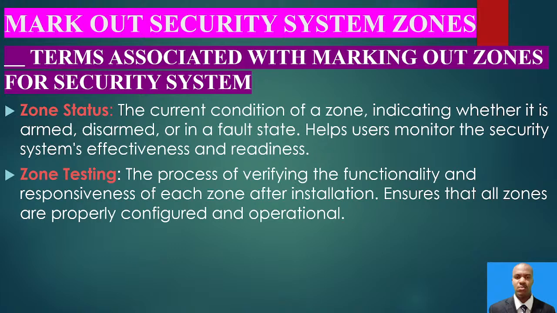So zone testing simply refers to that process before commissioning your security works to the client. First, you carry out a functionality test to see if all the components in each and every zone are functioning as expected.